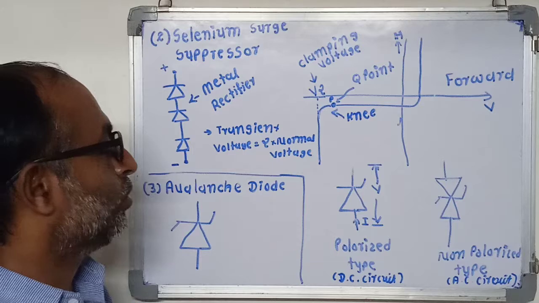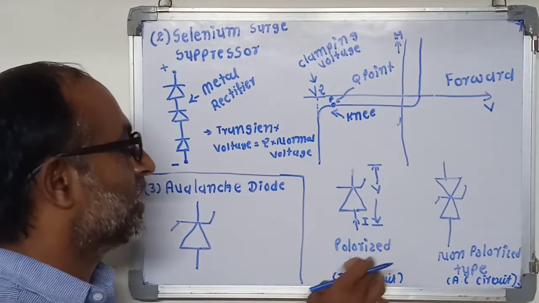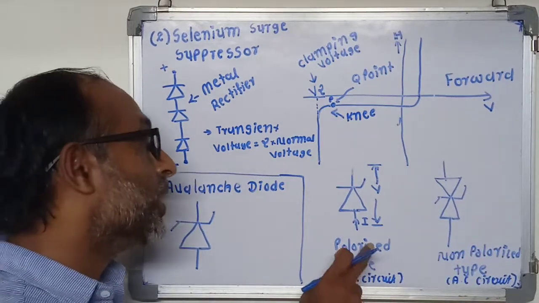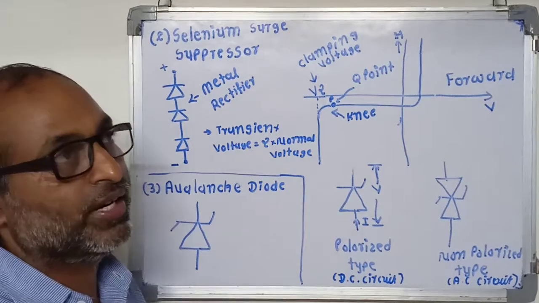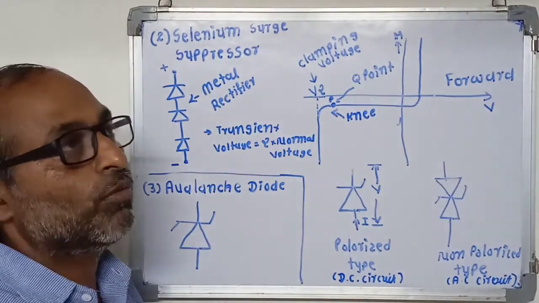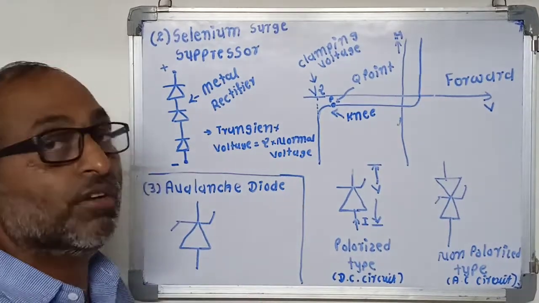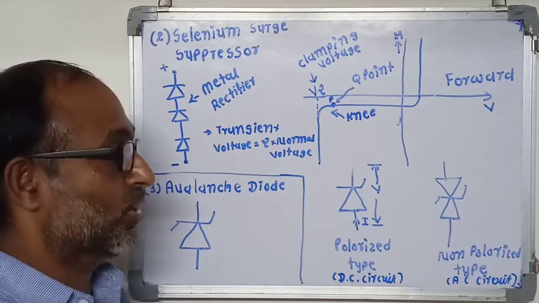There are two types of surge suppressor. First is the polarized type and second is the non-polarized type. In the polarized type, all the plates are kept in only one direction, so the over voltage protection is provided in only one direction. For this reason, it is used in DC circuits only.